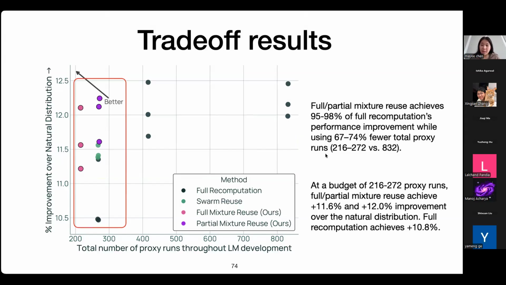Next, we can look vertically to see how all of these methods do when we fix the budget. So at a budget of around 200 to 300 runs, mixture reuse achieves 12% improvement over the natural distribution. And on the other hand, full recomputation achieves an average of 10.8%.